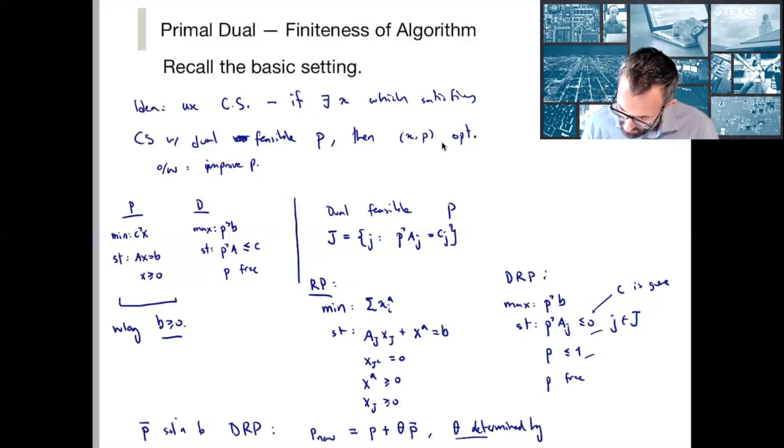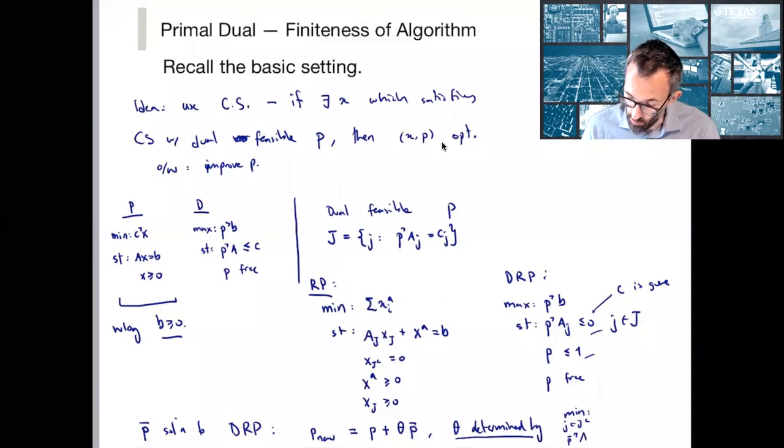Again, just to finish, theta is determined by the expression: the minimum over J in J complement such that P bar transpose AJ is positive.